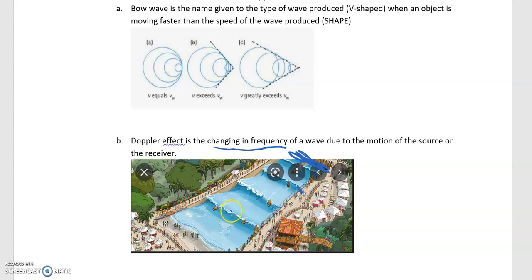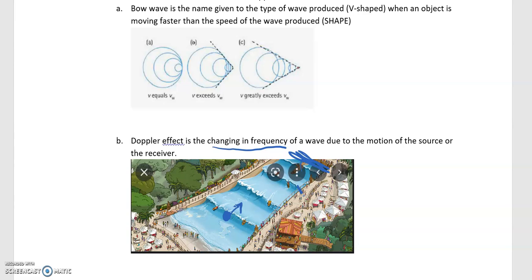Now let's say that you are standing right here. If you were to just stay stationary, these waves would crash into you at a constant frequency. Let's say there's one every 3 seconds hitting your legs. Now, let's say a wave hits you and you start to run forward.